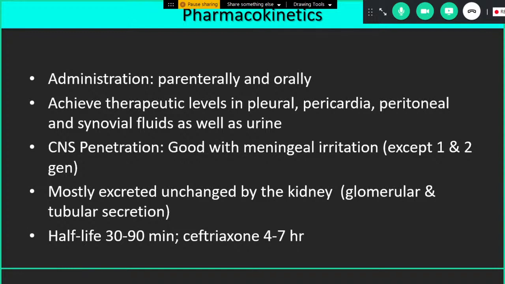You will see in your clinical practice that if the patient is hospitalized, you will be using ceftriaxone a lot because of its very high half-life and also very good spectrum of activity against gram-negative bacteria. We'll talk about ceftriaxone, but you have to understand that it has one of the highest half-lives as compared to the other cephalosporins.